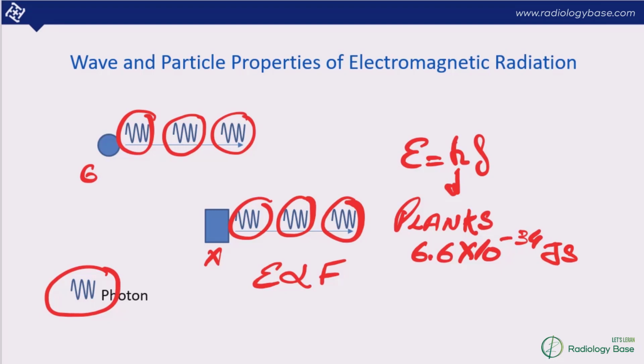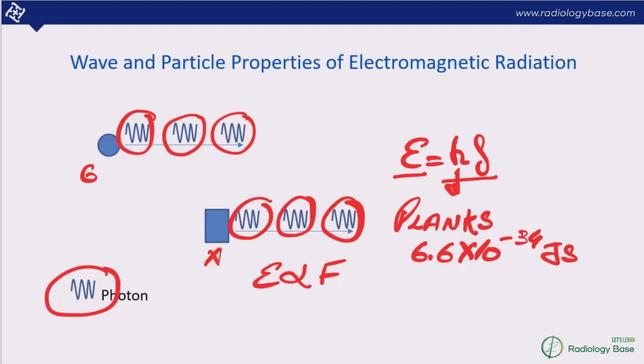So this is a constant value, and it is used for deriving the energy of any photon having a certain frequency.